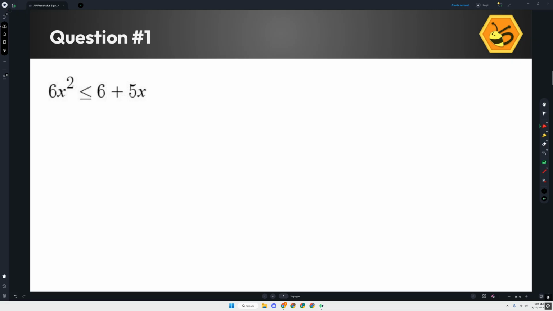Can you take out x? You can't really take out x because that's your x-axis. You have to factor.